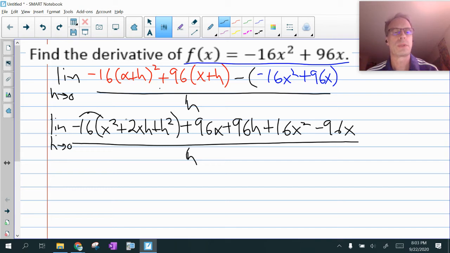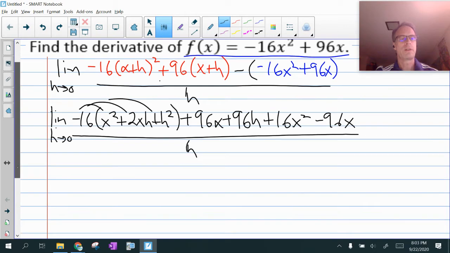And I just need to distribute this 16, which is going to generate the following stuff here.